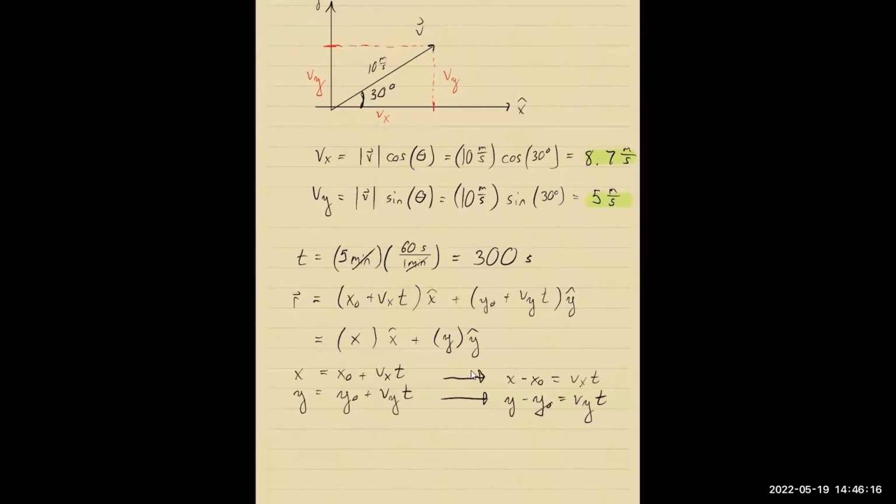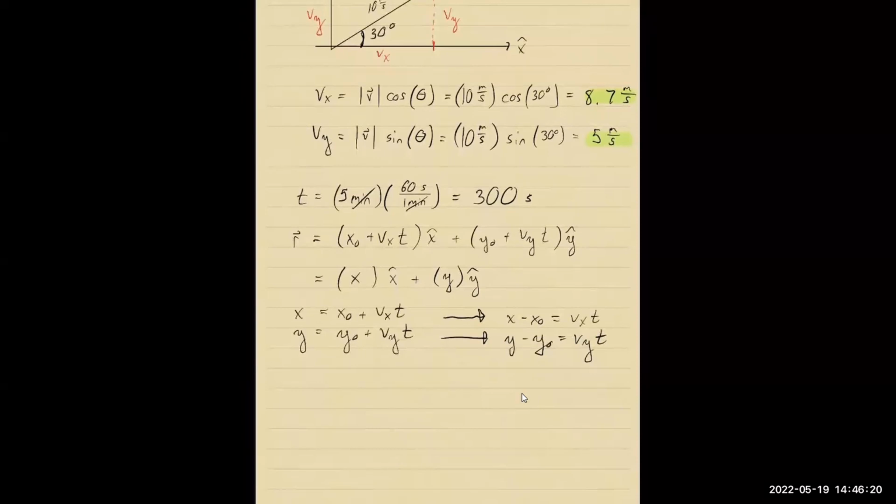But notice that the things on the left-hand side of these equations are just our displacements in the x and y directions respectively. So our displacement in the x direction is equal to the velocity in the x direction times time, and our displacement in the y direction is equal to the y component of our velocity times time.